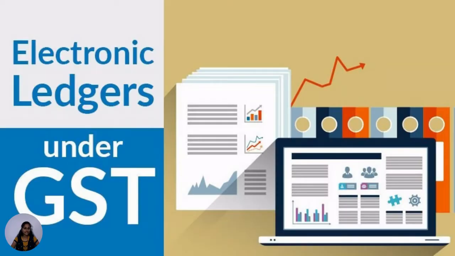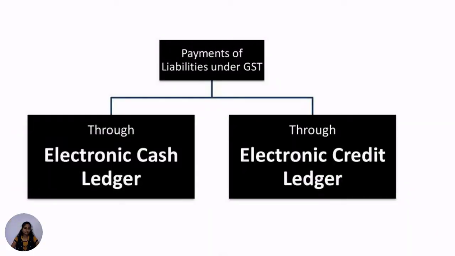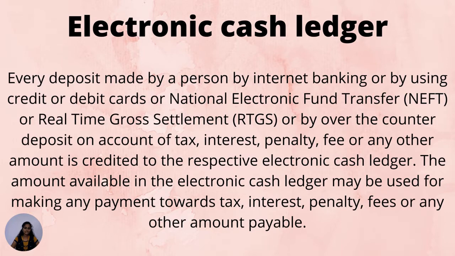And let's see about the electronic ledgers under GST. The payments of liabilities under GST are made through the electronic cash ledger and the electronic credit ledger. First, let's see about the electronic cash ledger.